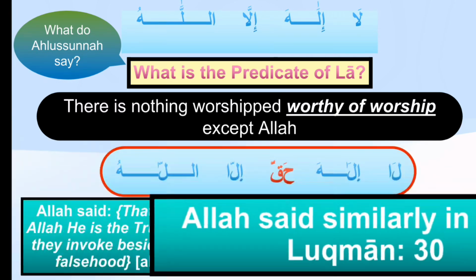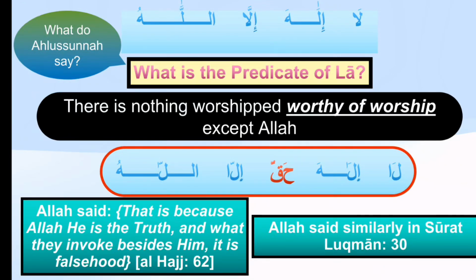And similarly, Allah said in Surah Luqman as well, which shows you that the meaning of La ilaha illallah is that there is no one worthy of worship, who deserves to be worshipped, except Allah. There's nothing worshipped in the world which is deserving of that act of worship except Allah. And this is why Ahl Sunnah understood this. These are the proofs. And this is the meaning of the Kalimah of Tawheed according to Ahl Sunnah wal Jama'ah.